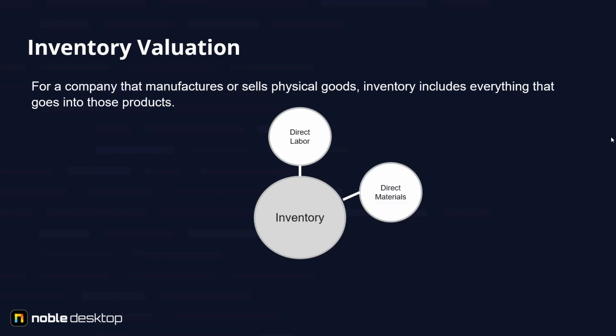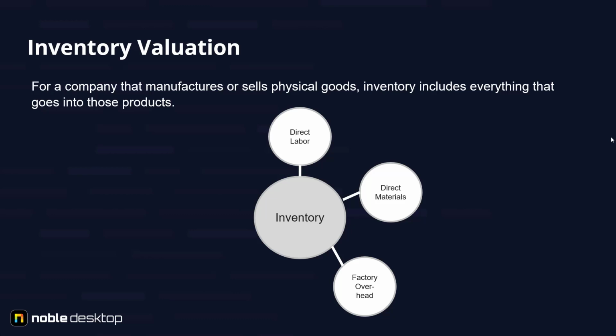Direct materials: any materials and supplies used in manufacturing a product count as direct materials. This includes supplies that are consumed or discarded in the process, as well as any materials that are damaged and unusable. A good rule of thumb is any cost that varies with each unit of manufacture is a direct cost.